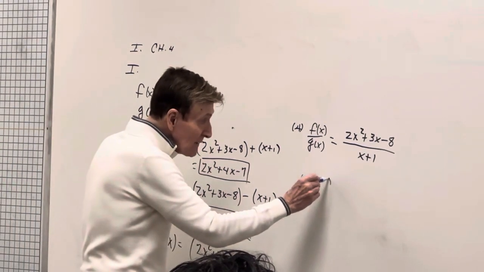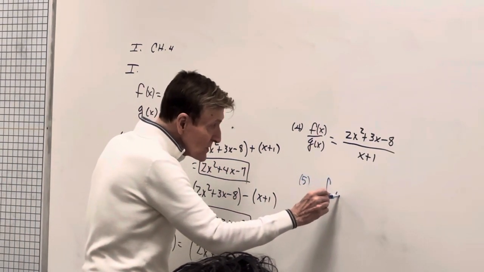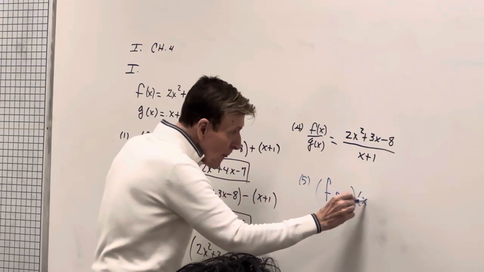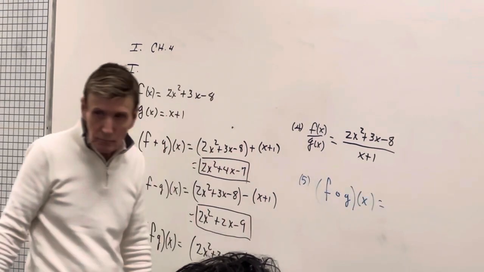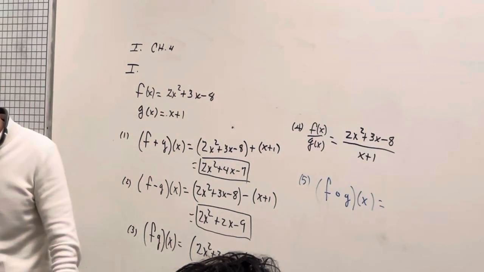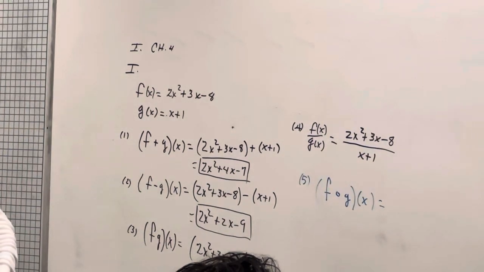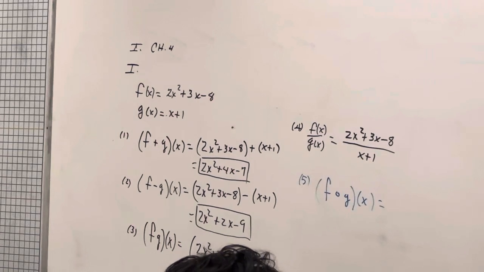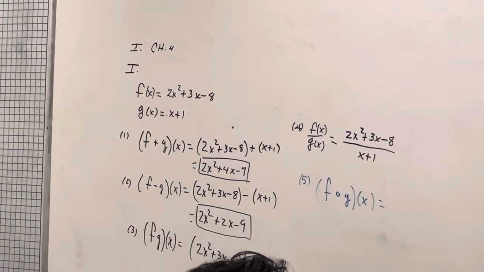So say now find this, f, little circle, g of x. Not a plus, not a minus, not a quotient. Now, those of us who have had some math before, and we've all had math before, does anyone recall what the little circle in between those two functions would be asking me to do?